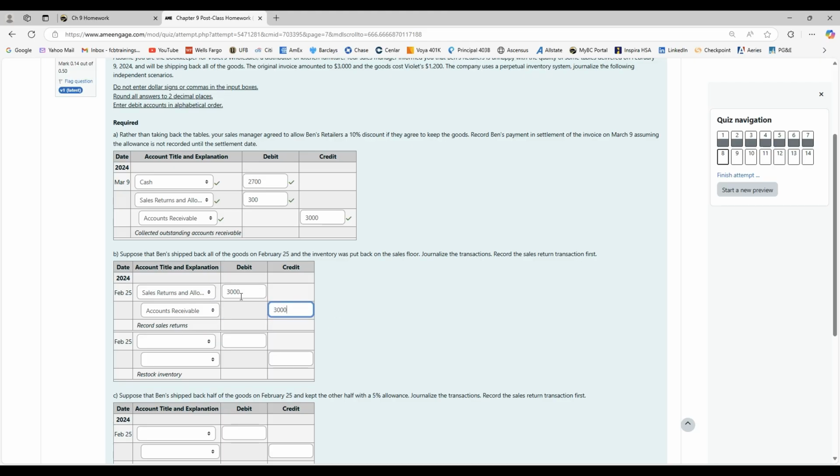In essence, this will reduce our sales revenue account to bring it down to zero. And then we're going to put the inventory back on our shelves, essentially, right? So we've got a direct reversal of the original entry for this part. And I think it said it was 1,200.